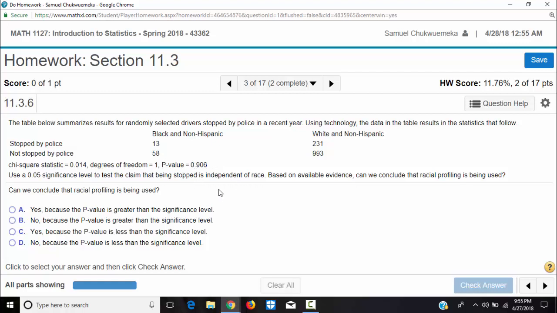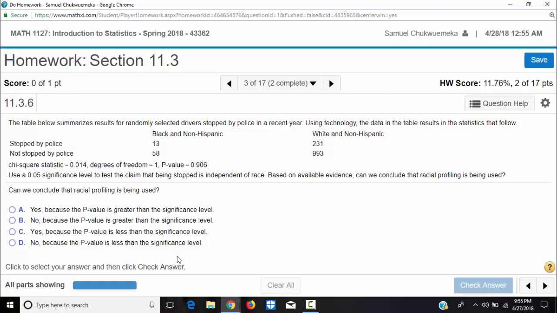Because we fail to reject the null hypothesis, since the p-value is greater than the level of significance, we will not say that there is racial profiling. The null hypothesis is that being stopped is independent of race.